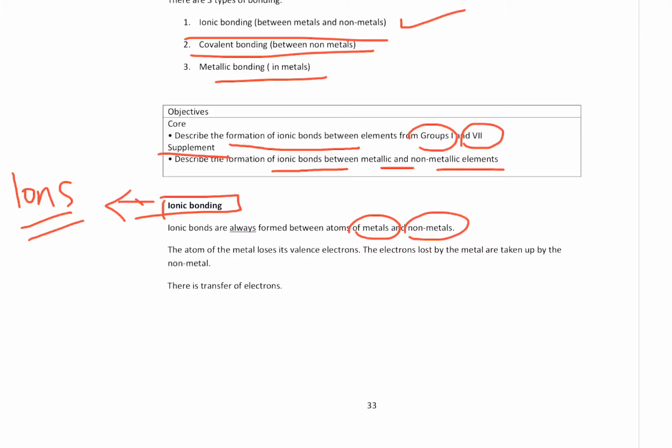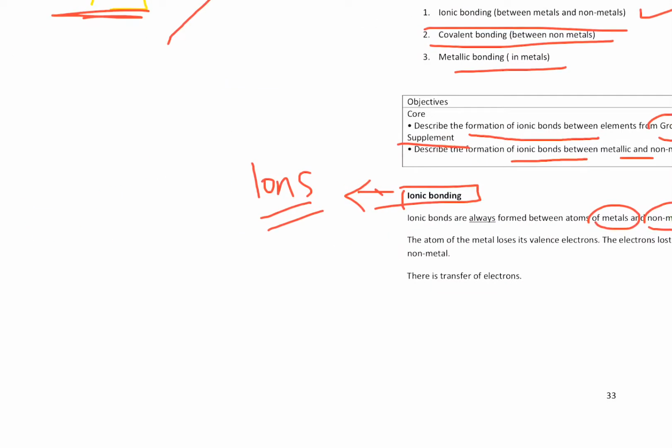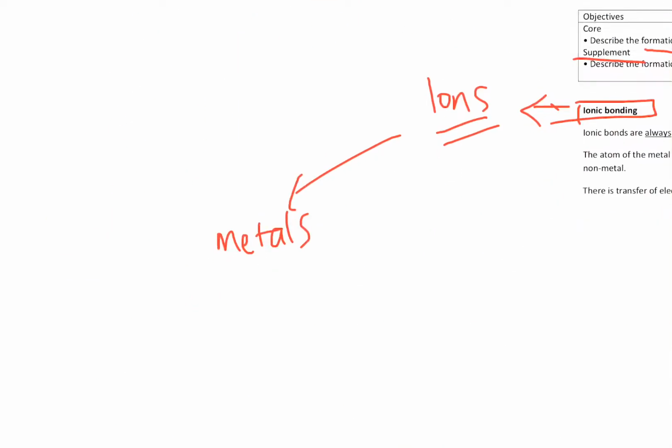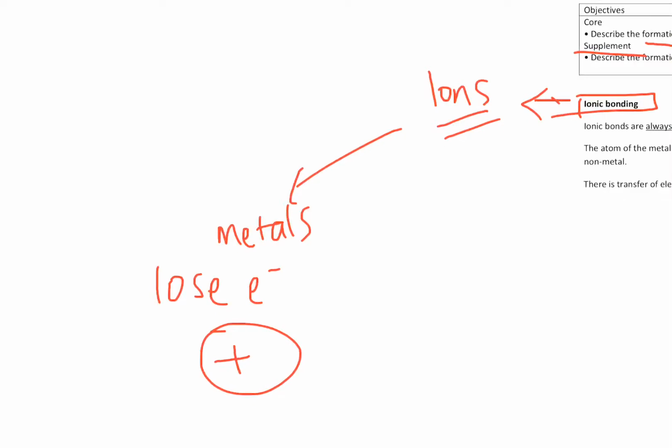Now, why are there ions between metals and non-metals? Because we've seen that metals, these ones, usually from group 1 to, let's say, 3, have a tendency of losing electrons. Okay, so when they lose electrons, they form positive ions, cations.